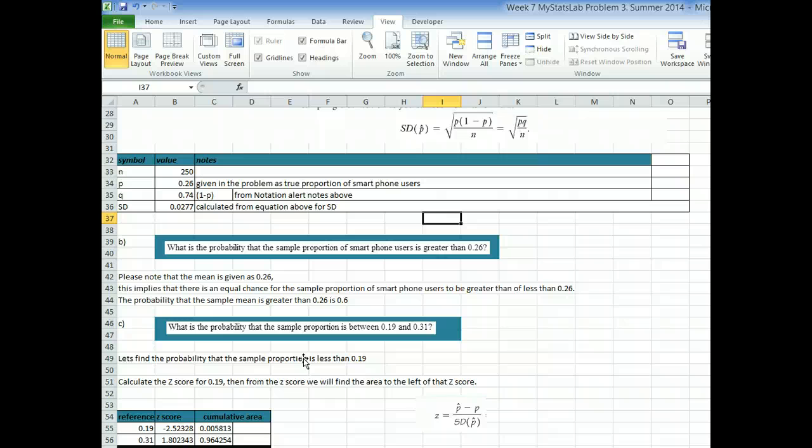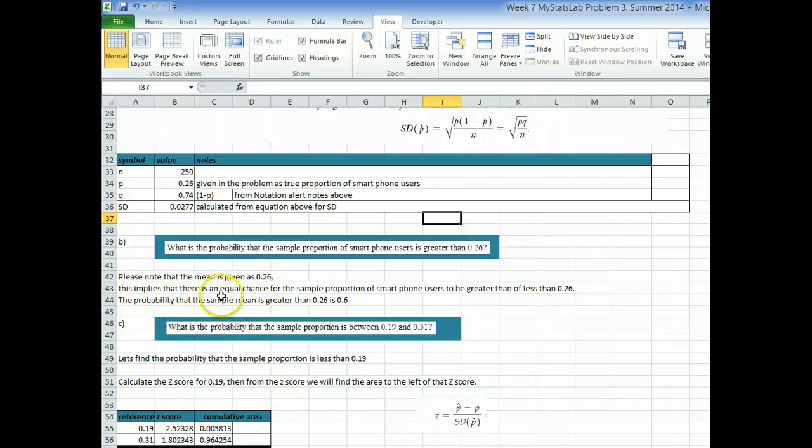Moving on to part B. What's the probability that the sample proportion of smartphone users is greater than 0.26? Now, if you recall what the 0.26 means, that's given to us as the mean.